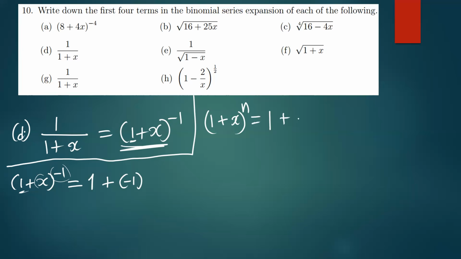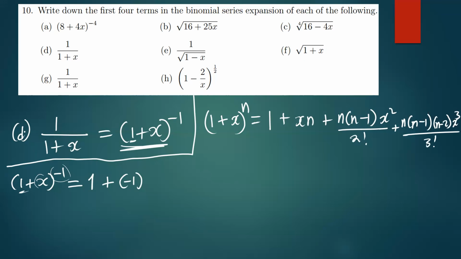The second term is xn. The third term is n minus 1 x squared over 2 factorial. Then the fourth term is n minus 1, n minus 2, and then x to the power 3 over 3 factorial, and it continues. So there are 3 dots at the end. This is the formula we're using to expand this.